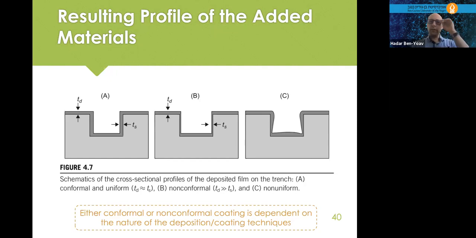So always first we need to define what kind of coating we have. We look at the cross-section and say it's either conformal and uniform, or non-conformal or non-uniform. Questions on this slide?